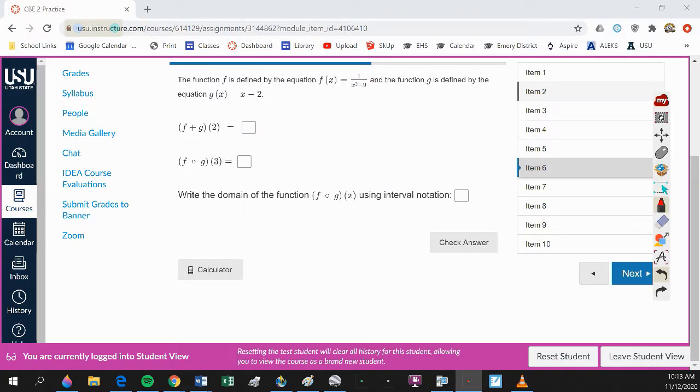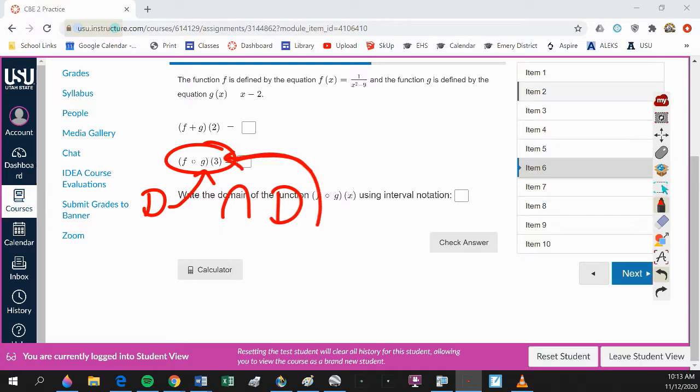The domain is this. It's the domain of g intersected with the domain of this. And we ignore the domain of f. Okay? So when I plug g into f, I'm going to stick this in here.